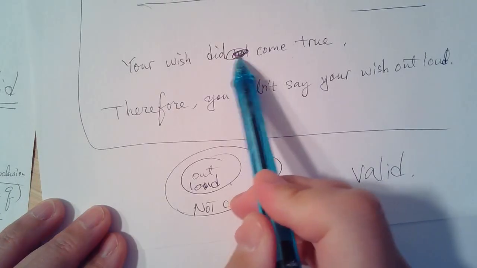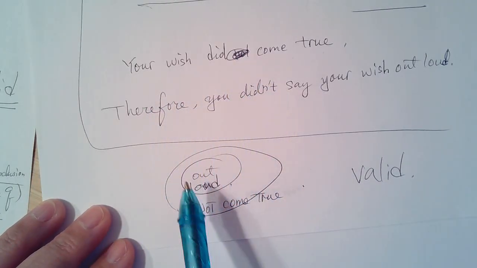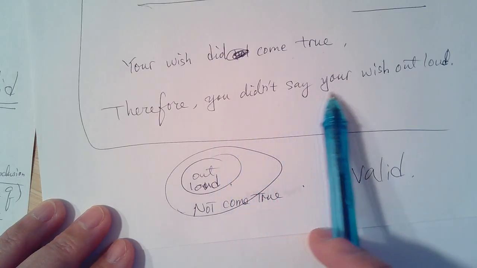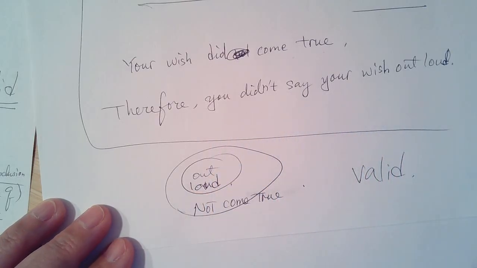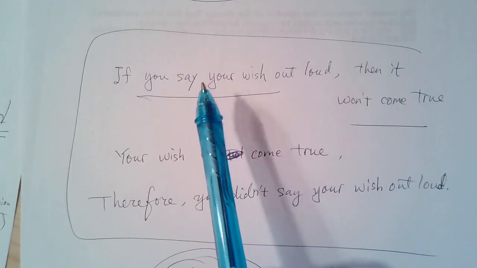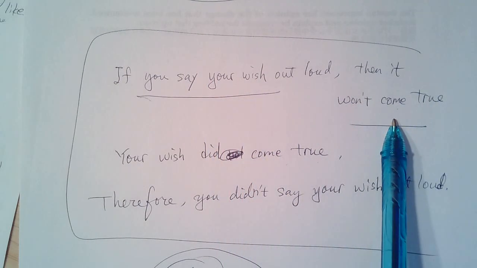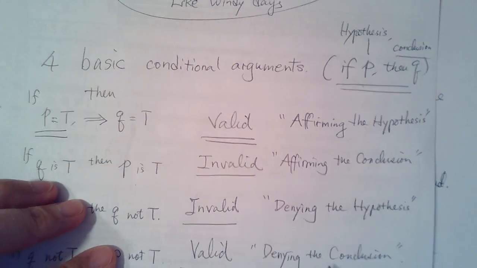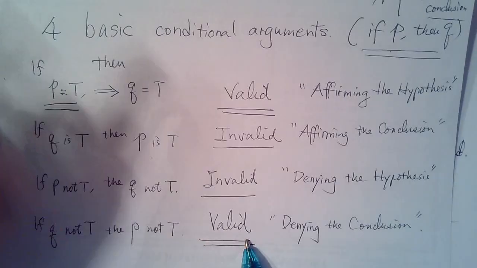So you are outside this big circle. They said that therefore you did not say your wish out loud. So you must be outside this little circle, which is valid. Okay, so hypothesis, conclusion, and you're denying the conclusion. If you're denying the conclusion, it's a valid deductive argument.